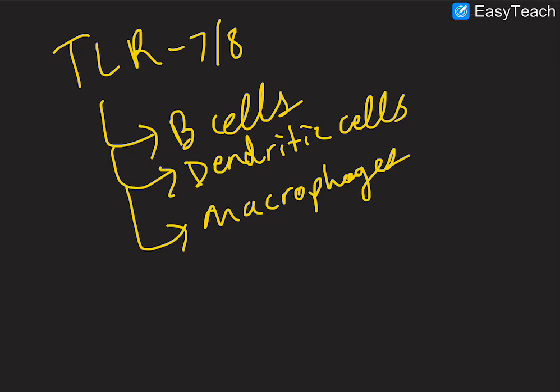Now you start finding that on the inside of endosomes. Same thing goes for toll-like receptors 7 and 8. You actually find toll-like receptors 7 and 8 inside endosomes, not on the cell surface like you would, for example, for toll-like receptors 1, 2 or 4 and so on. Okay, so let's see how these toll-like receptors can get activated.